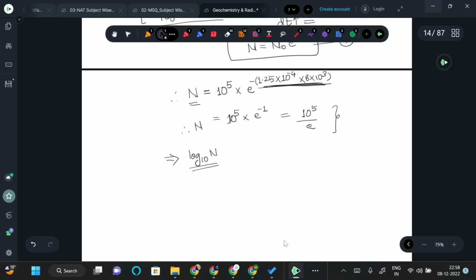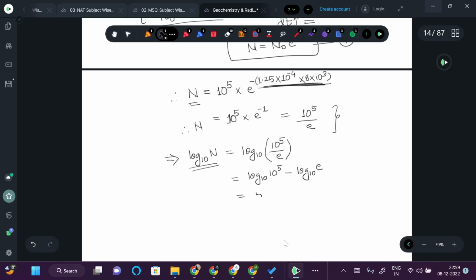Log base 10 n is equal to, do you know log properties? Up to some extent, everyone should know log properties. This division gives negative, right? Log base 10 of 10 to the power 5 minus log base 10 of e.